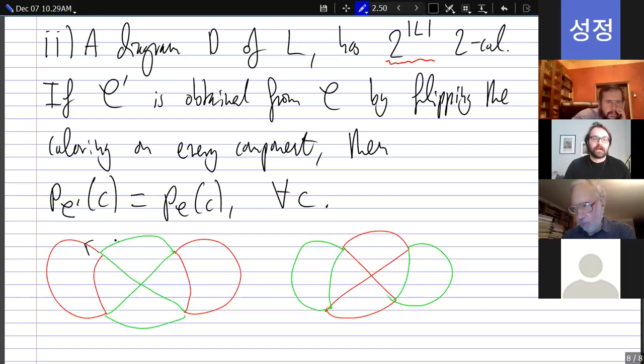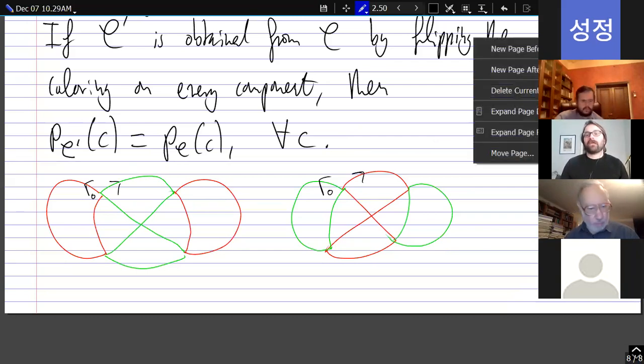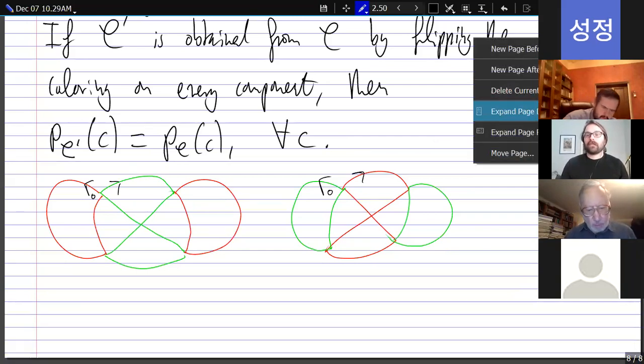Let's say it looks like this. So here, this crossing is even. When I flipped all the colors, this crossing is also even. And that's an if and only if. And this works for even crossings, self crossings and mixed crossings. So what this means is I should only really keep track of half. If I want to, when I'm extracting invariants, I can make my life easier like that.